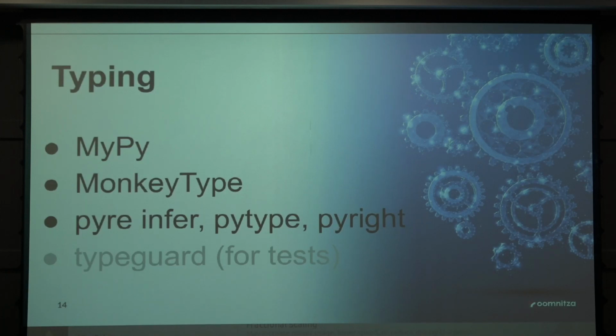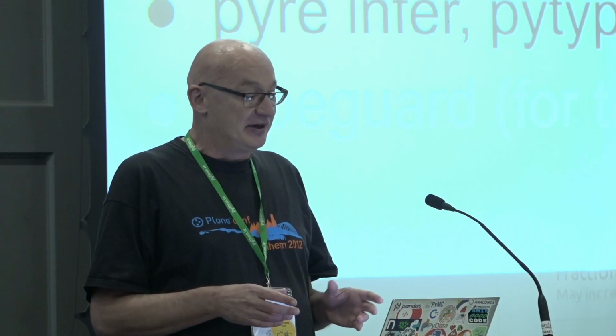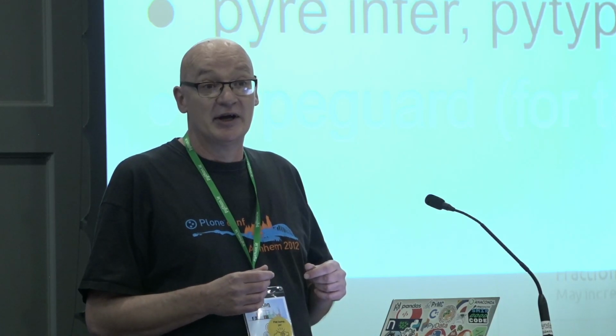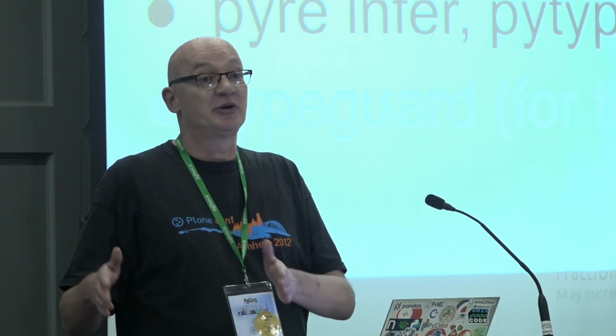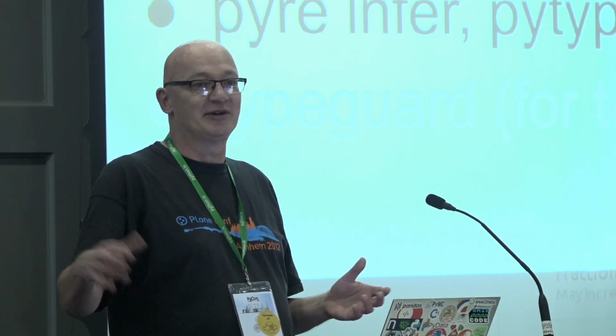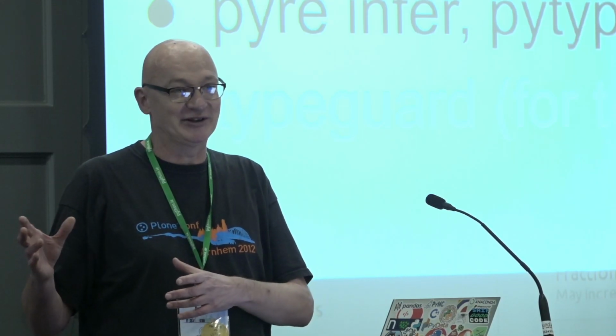But then we're talking about a legacy code base, so maybe even coming back from the times of Python 2. And there's a little tool called MonkeyType, which observes your code while you execute it. And it observes the type flow in and out of your functions, and it does a very good job.